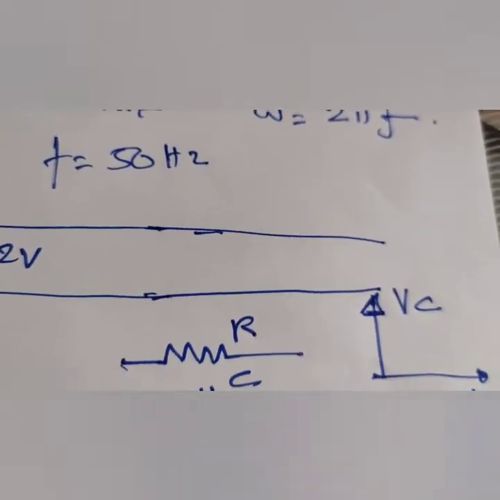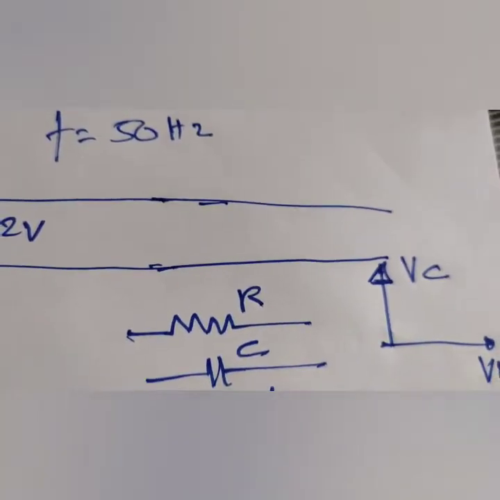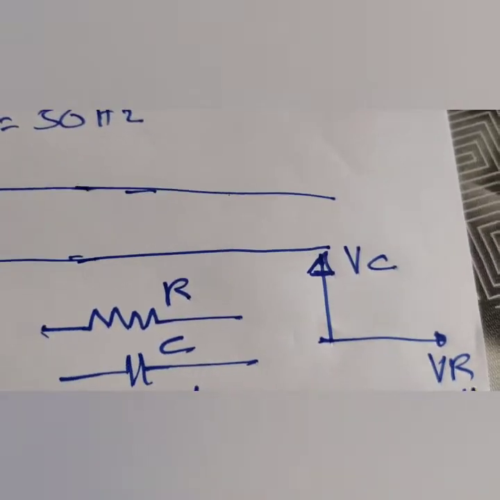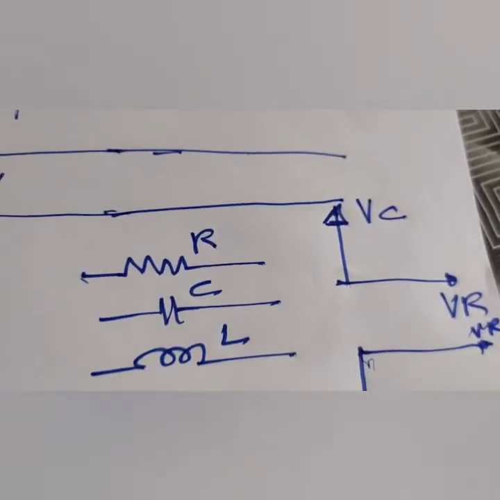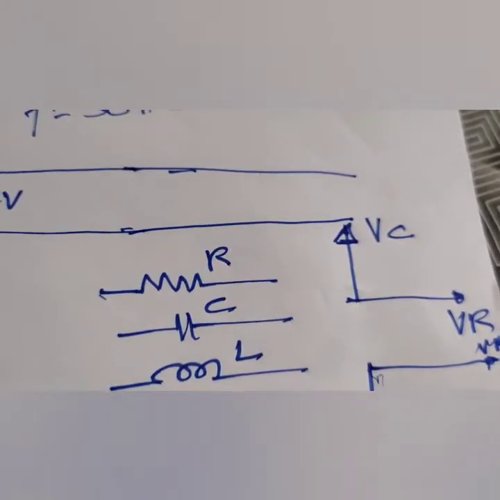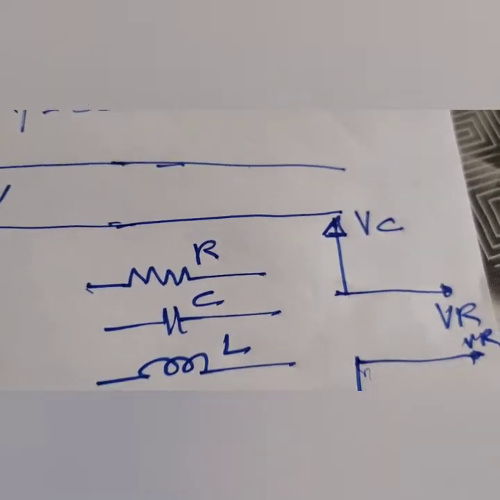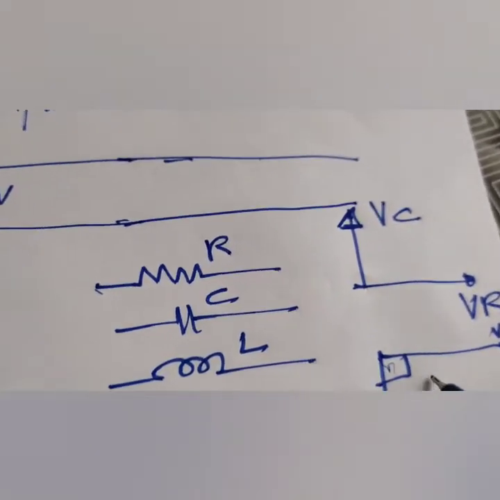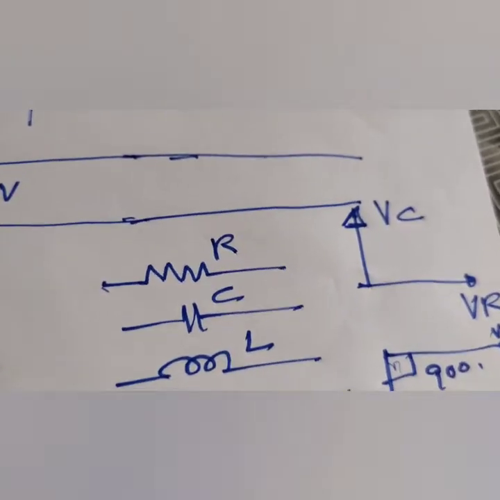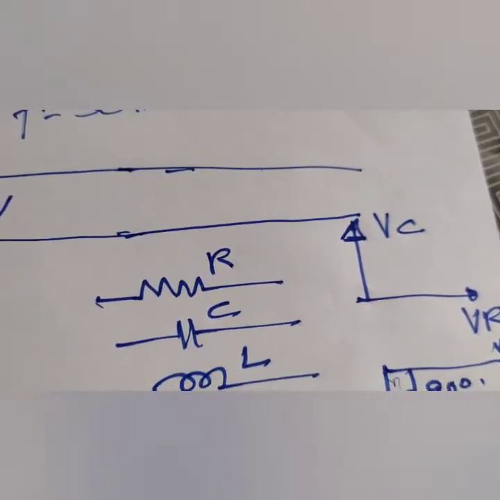And what about the inductance? With VR as reference, an ideal inductor will lag exactly 90 degrees. So you can understand.